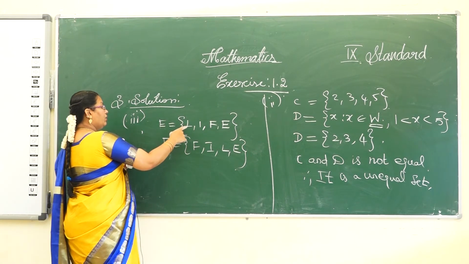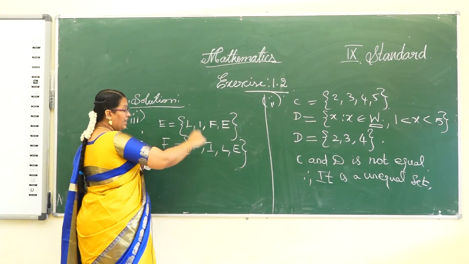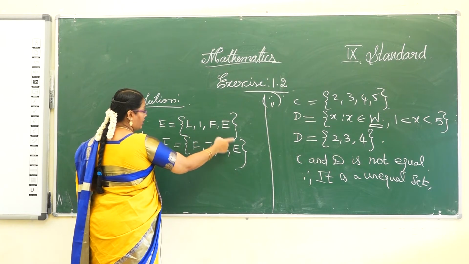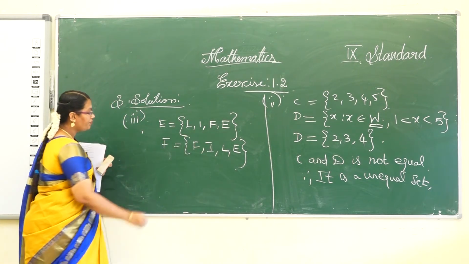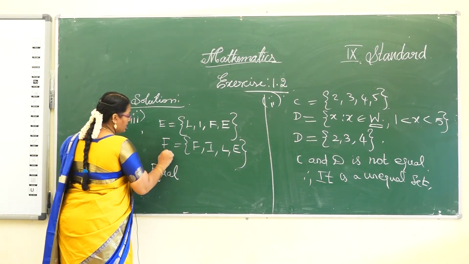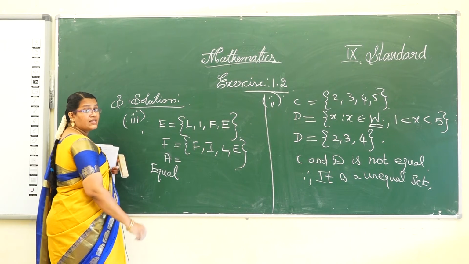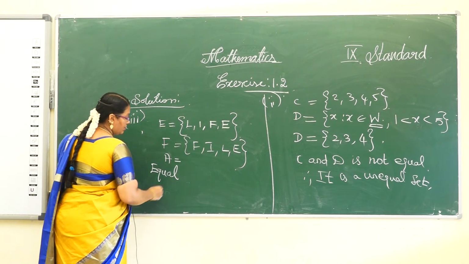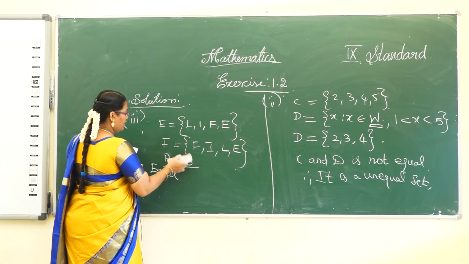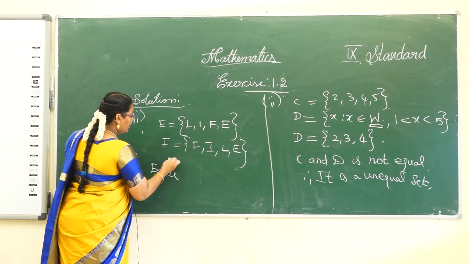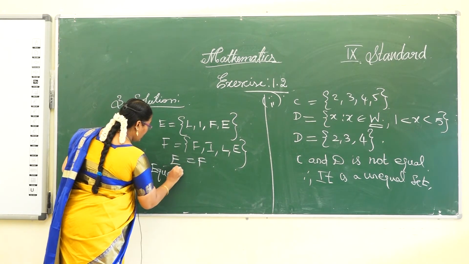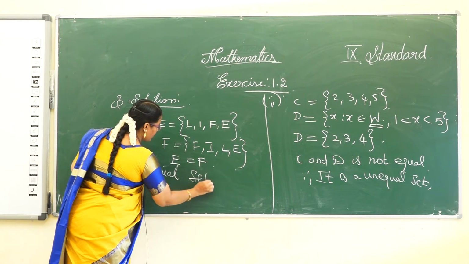It is called an equal set, because it has the same elements in sets E and F.